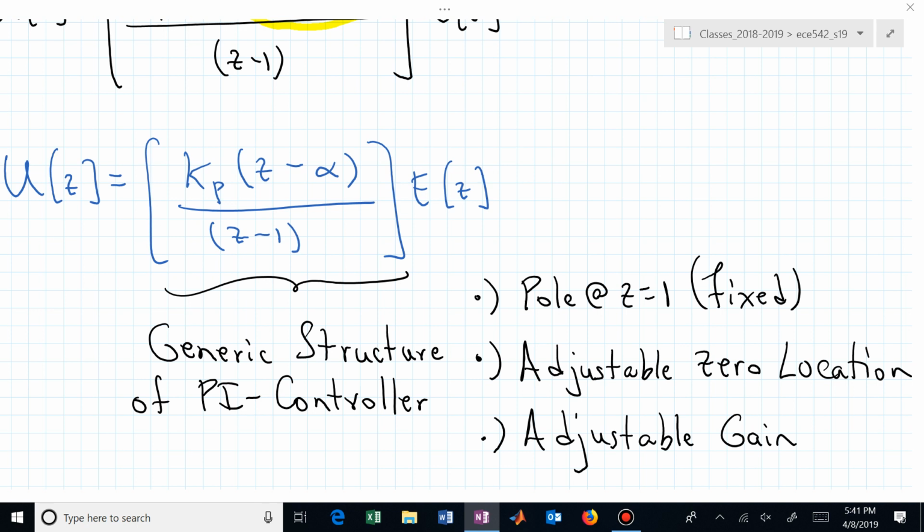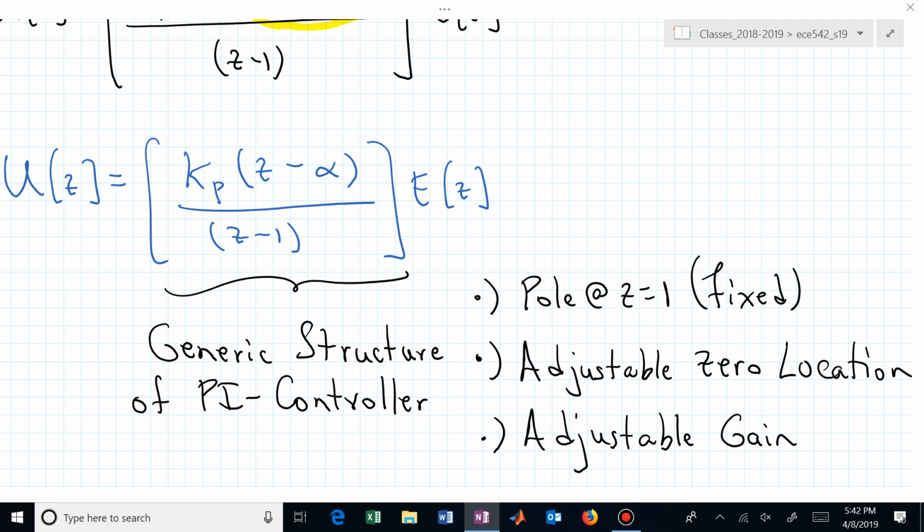We had a pole at the origin. And the origin in the s-plane corresponds to z equal 1 in the z-plane. So that now we have a pole at z equal to 1 in this PI controller. We don't change that, but we can play with where the zero is located and the gain K sub P on that controller's transfer function.